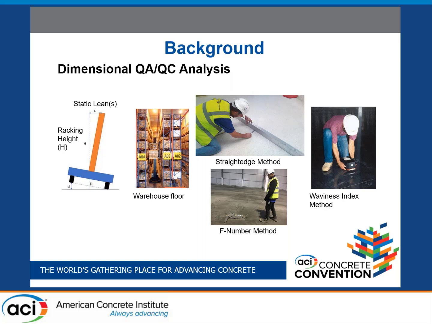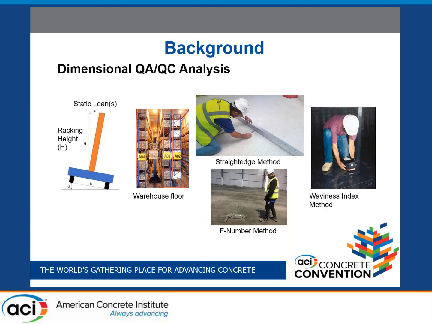For example, the straight edge method involves laying a 10 feet straight edge across a survey line on the floor and measuring the distance between the straight edge and the floor using a stainless steel slip gauge.